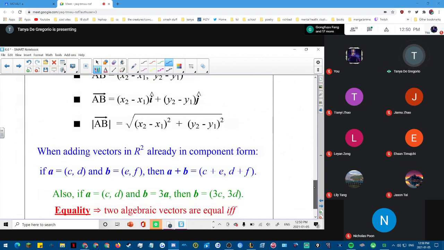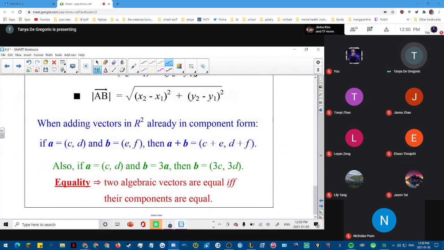Okay? When adding vectors in R2 already in component form, if vector A is equal to C comma D and vector B is equal to E comma F, then to add these two vectors together, I do C plus E, that's my component for X, and D plus F, that's my component for Y. Do you guys see that?